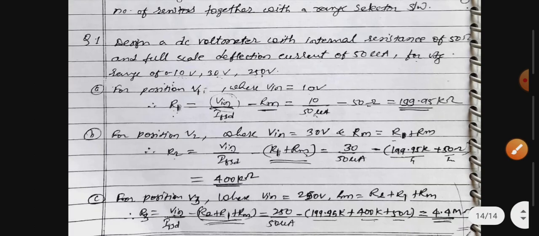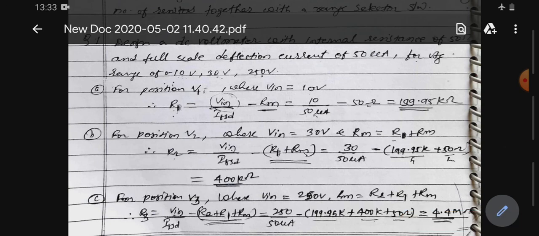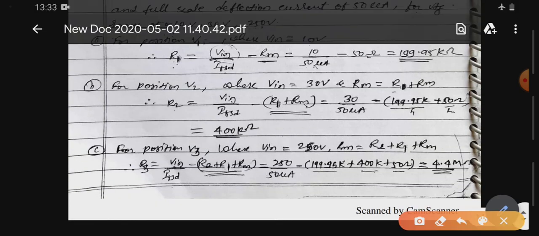Keeping the values, you will get the final value as 4.4 mega ohm. So just calculate R1, R2 and R3, draw the circuit diagram, mention all the calculated values, and with all the ranges V1, V2 and V3, you will be able to measure these three different ranges in a DC voltmeter.